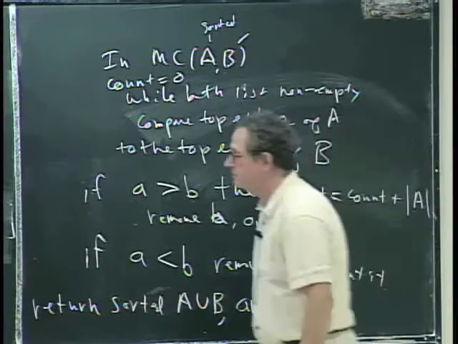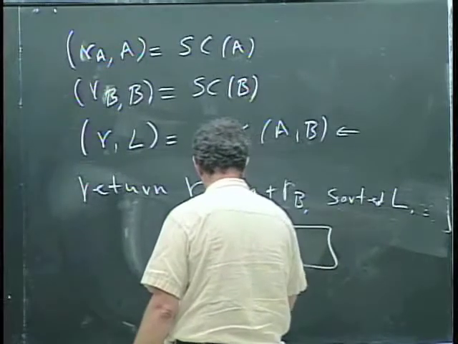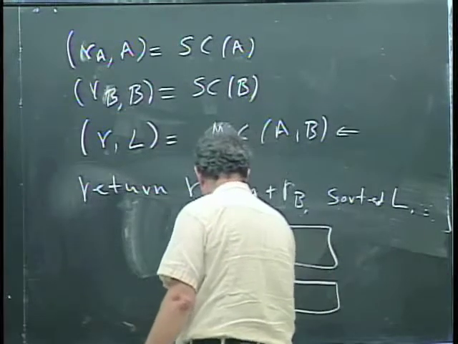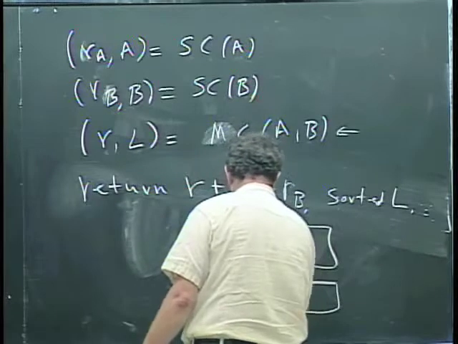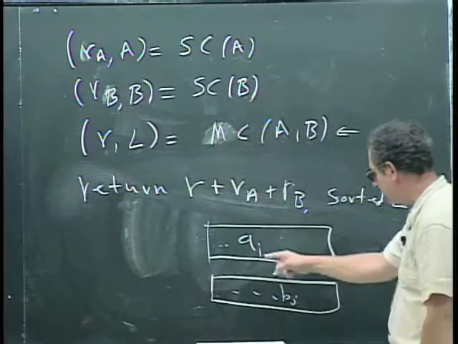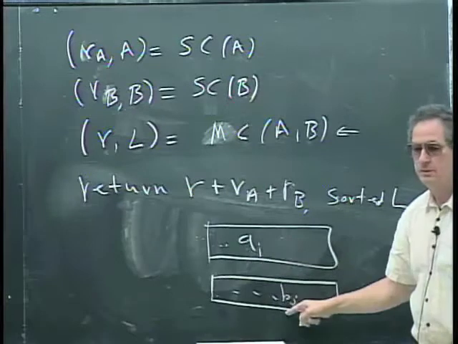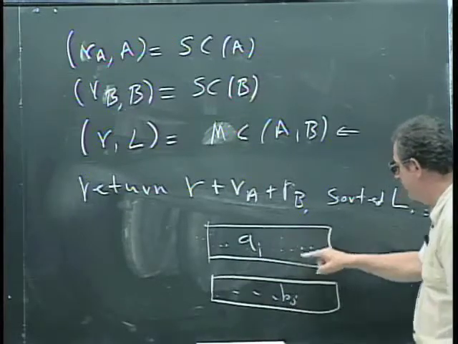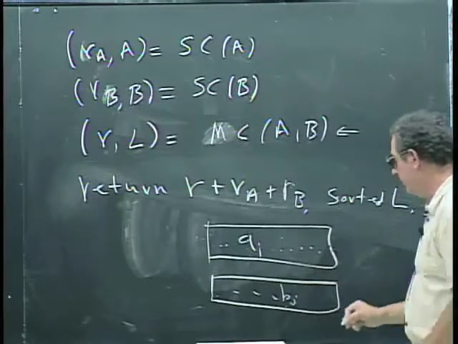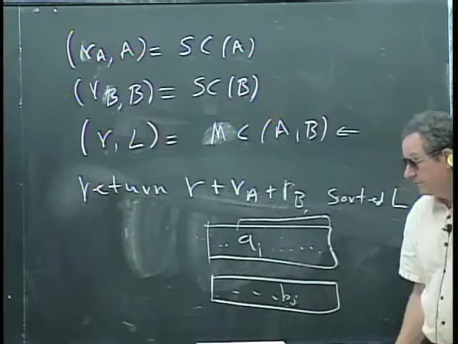Well, let me get this drawing back. So we were looking at the top of A, which may be down here at some moment, and the top of B, which may be way down there at this moment. And we were saying that when we find that A is bigger than B, then we've argued that every other element in A here is bigger than B. And so we're outputting the size of A, the current size of A, as the number of additional inversions that we're counting.